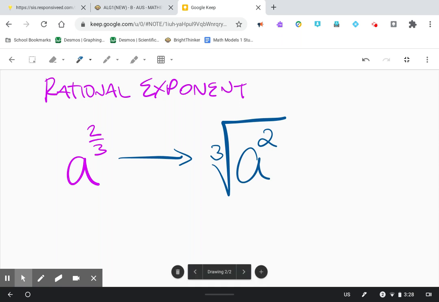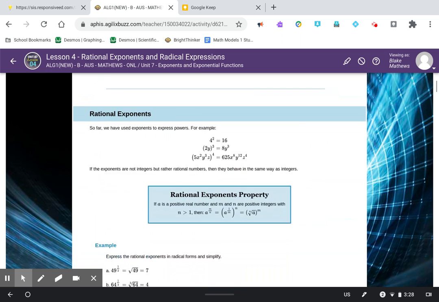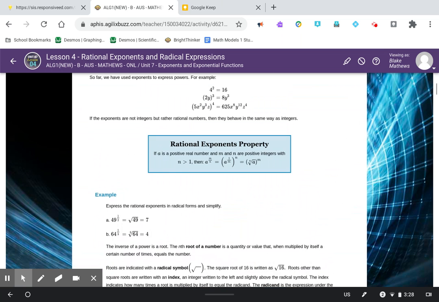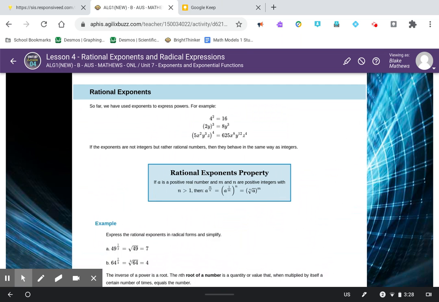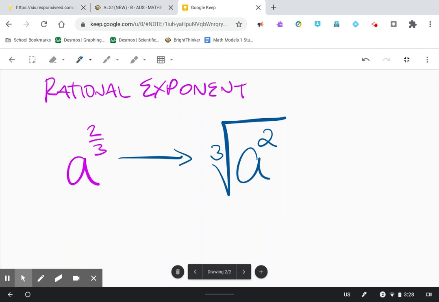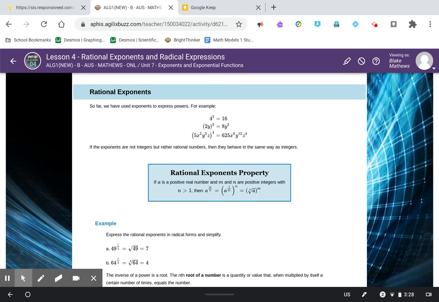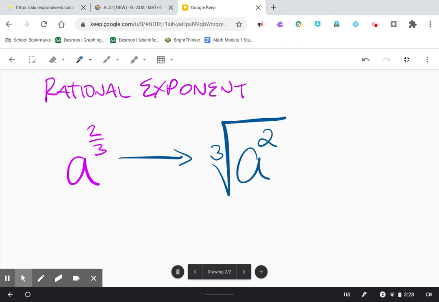And so two things are happening. First of all, a is being multiplied times itself twice, but also we're trying to find the number that times itself 3 times gives me that number. So there's a lot going on in these types of expressions. So I want to kind of point out one thing from the lesson, which is this rational exponents property pretty much explains what I just showed you here and explains how you get from a rational exponent into a root.